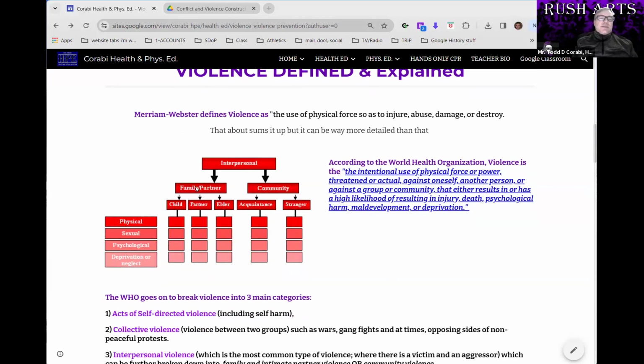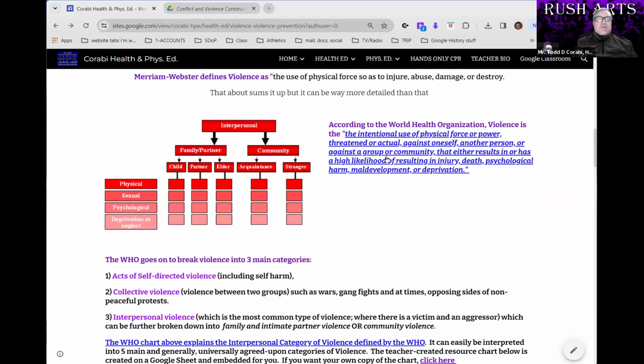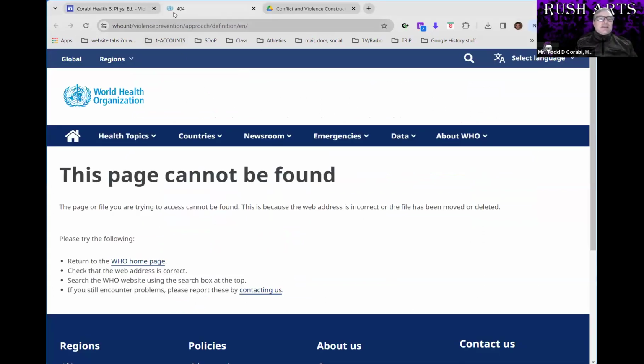And then this image over to the left here, so I'll just draw that real quick. This image to the left is specifically speaking about interpersonal violence. And the World Health Organization, if you were to go to the article and click on this link, it's not working anymore, I have to take that link out of the page.